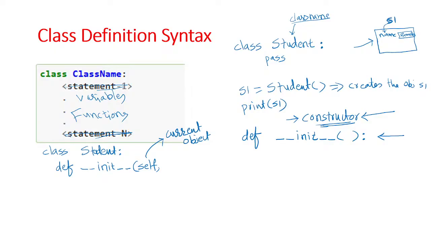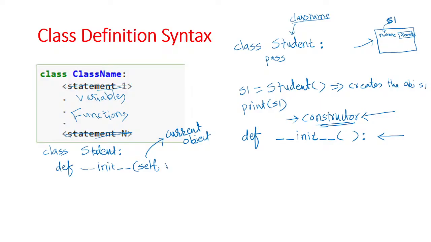Always remember, inside the class, for all the methods, not only for init, the first parameter should be self. Then, followed by what attributes you want to define for the students, you can get their values.